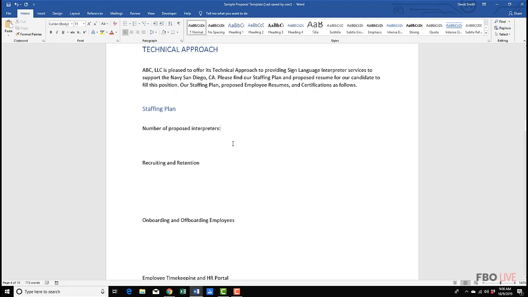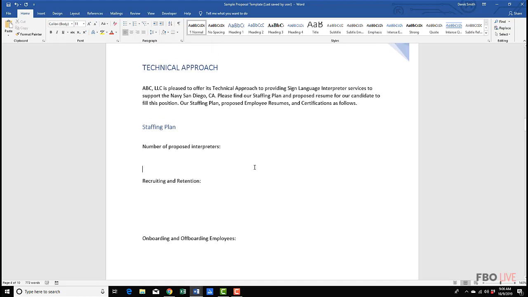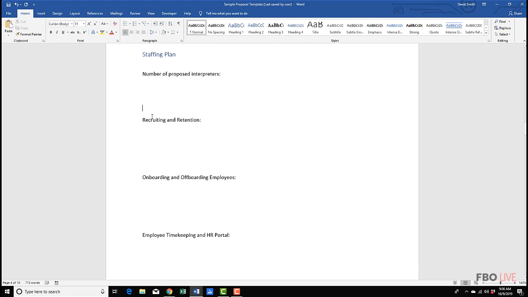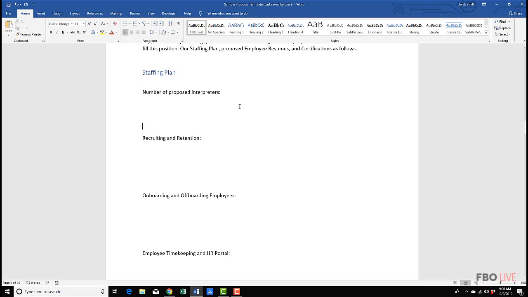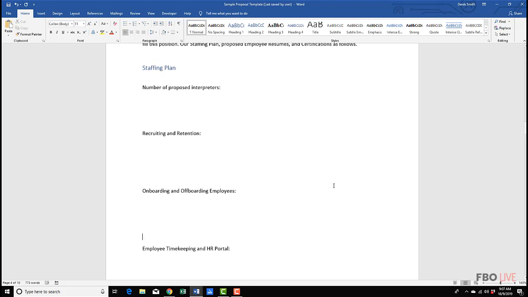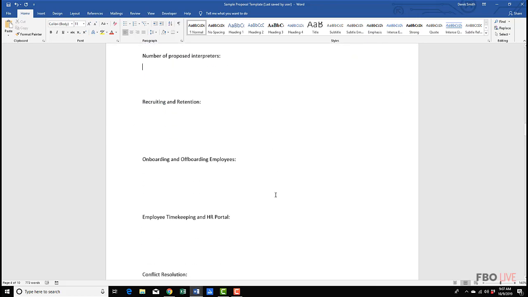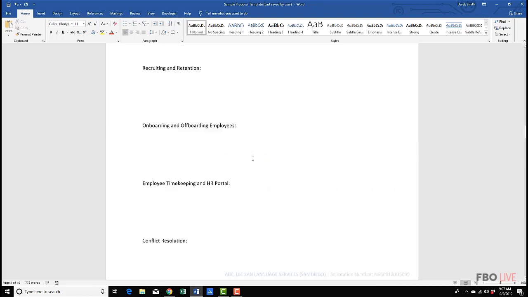We're going to add number of proposed interpreters as essentially a section within the subsection, or a paragraph, whatever you want to call it. And if you want to use all these, you can use all these. Otherwise, I would delete whatever ones you don't want to use. These recruiting and retention, these are the ones I've supplied you, conflict resolution, employee timekeeping. But the first one being number of proposed interpreters as the first point to talk to in your staffing plan, since they've specifically called that out. I think that's how I want to handle that.